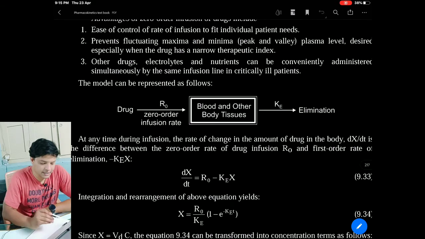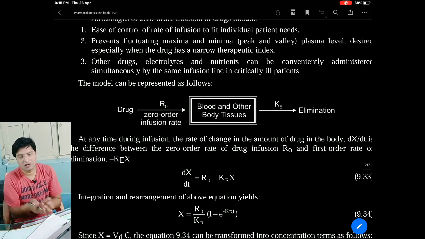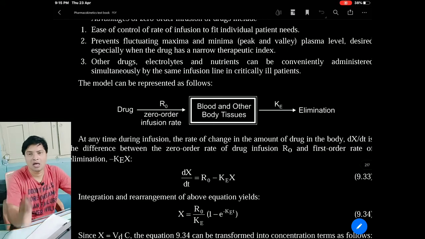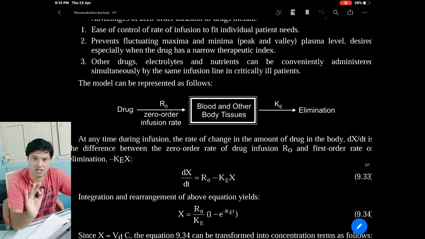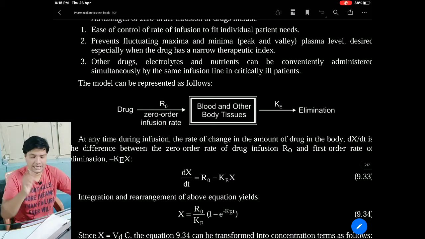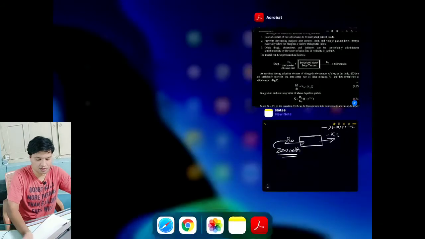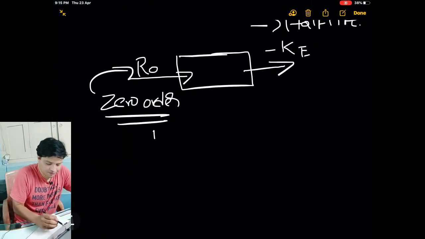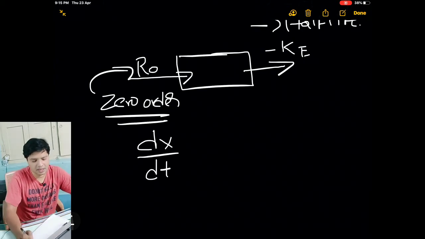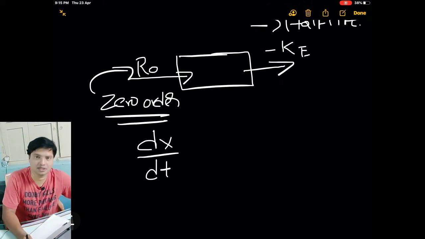So at any time during infusion, to start the equation we should start with the rate of change of the amount of drug in the body, not concentration, amount. So we represent it like dX/dt. It is the rate of change of amount of drug in the body.